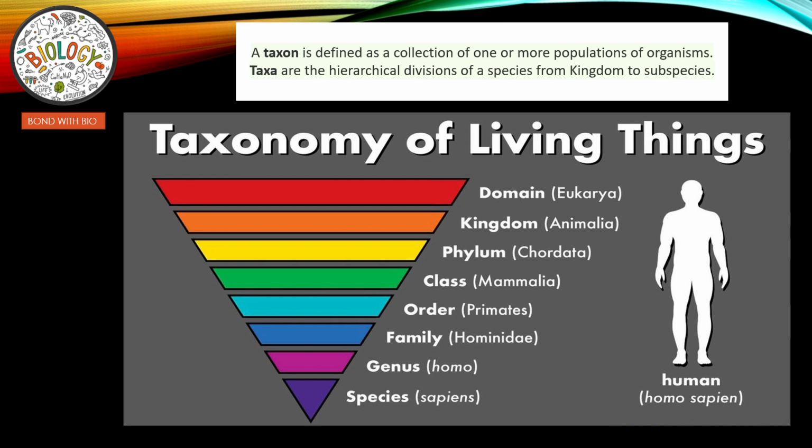There are mainly 7 categories of taxonomic hierarchy, as we can see in this image. The 7 main categories are basically kingdom, phylum, class, order, family, genus, and species. We can omit domain for now.